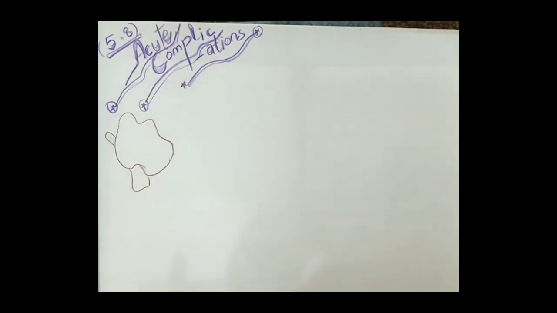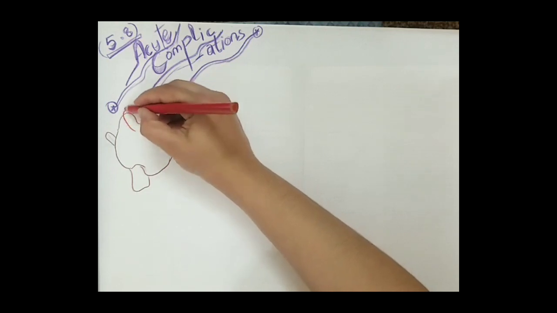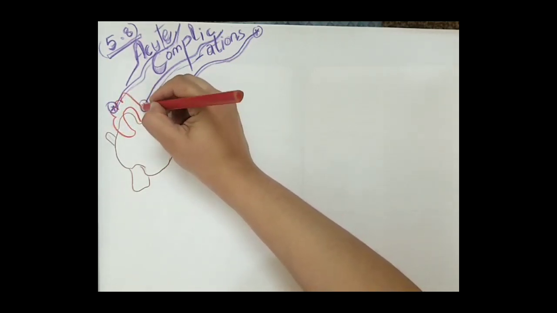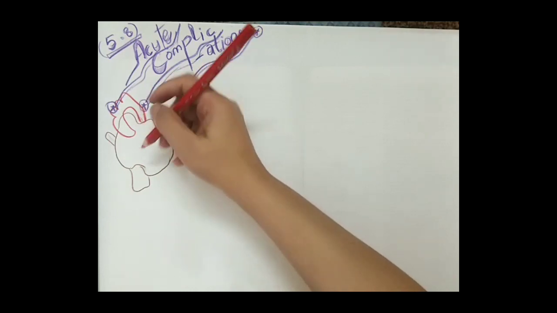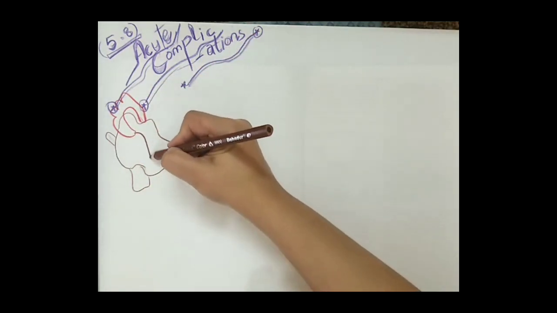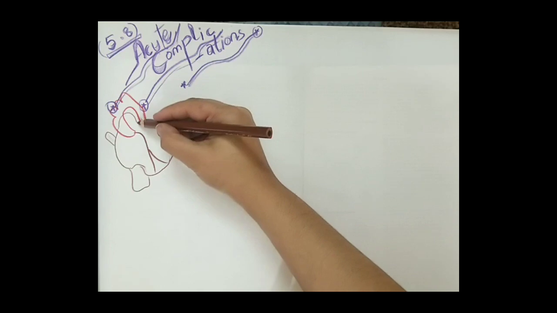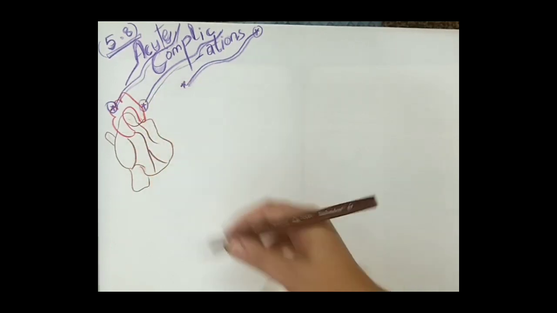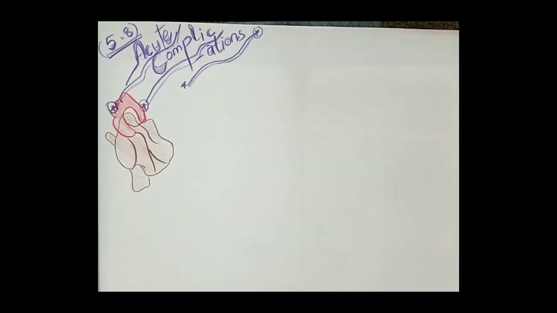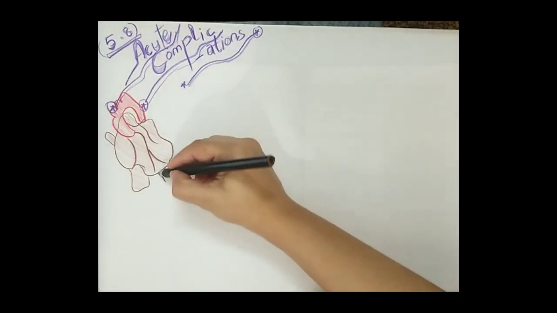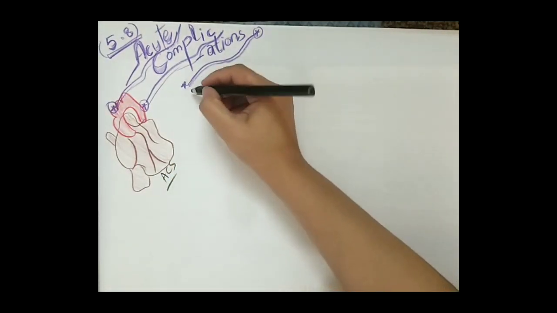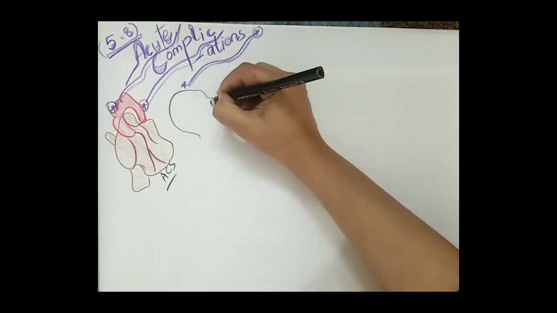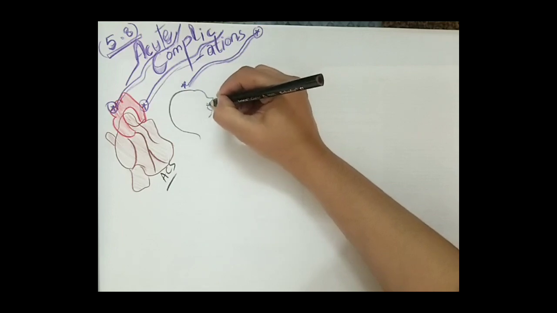I'm drawing the picture of the heart to make you remember that ACS is one of the important complications of sickle cell disease. First is ACS, acute coronary syndrome, and it occurs in 7 to 20% of pregnancies. Second is acute stroke.